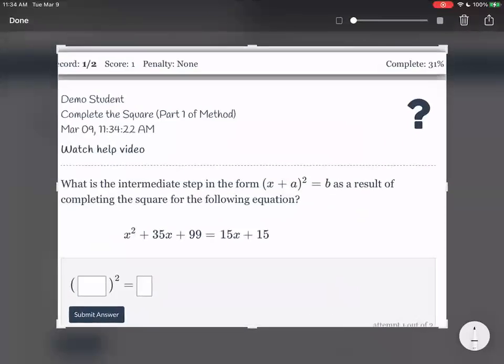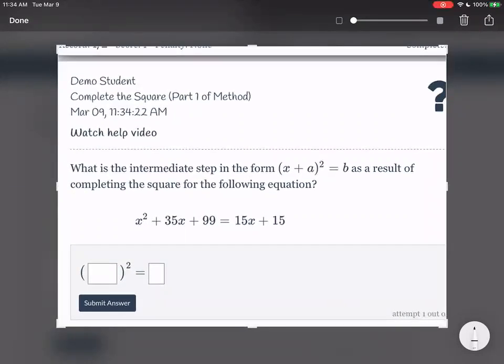All right, so this one looks slightly more complicated, but it's okay. It's the same idea. Let's bring everything with an x to one side and everything that's just a plain old regular constant number to the other side. Let's first bring over the 15x. So this gives me x squared plus 20x plus 99 is equal to, those cancel out, 15.